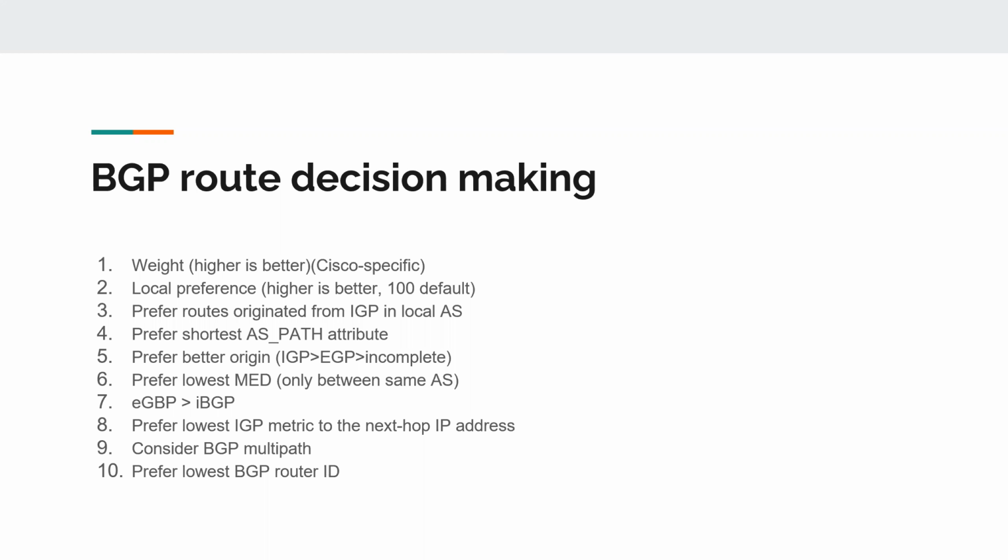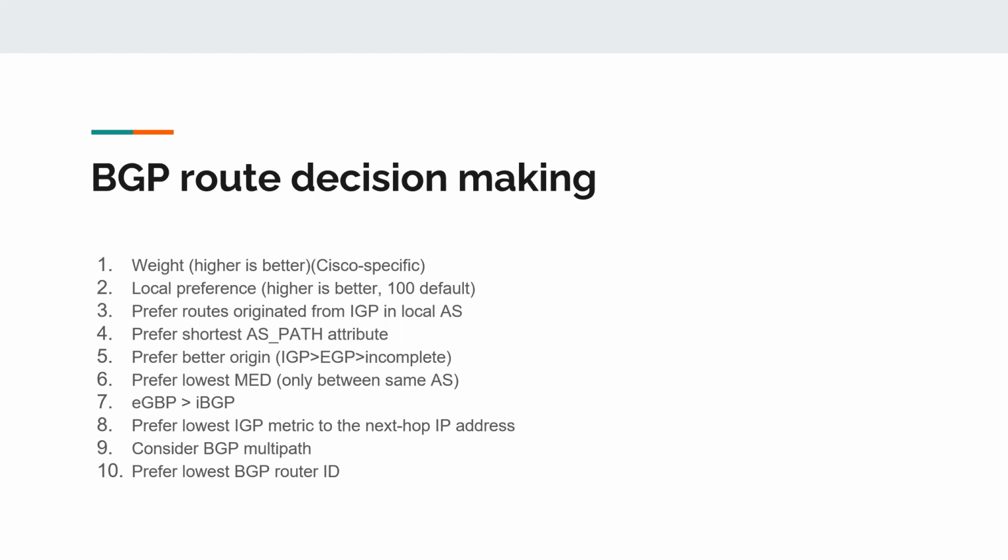Okay, then let me talk about how we use BGP to select the route. There are many parameters. The first one is the weight, a locally significant Cisco-specific parameter that a router can set when receiving updates. The higher, the better.